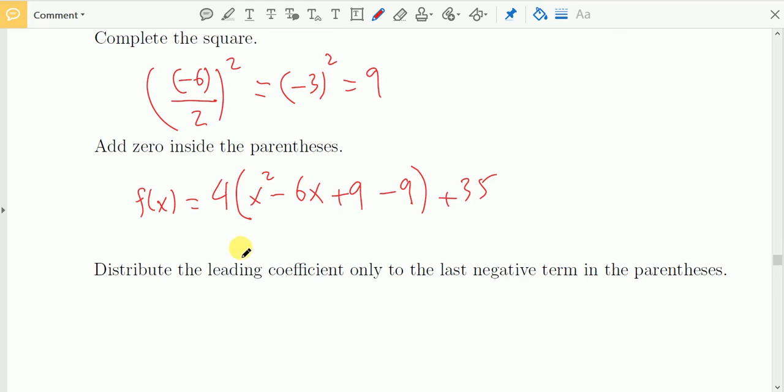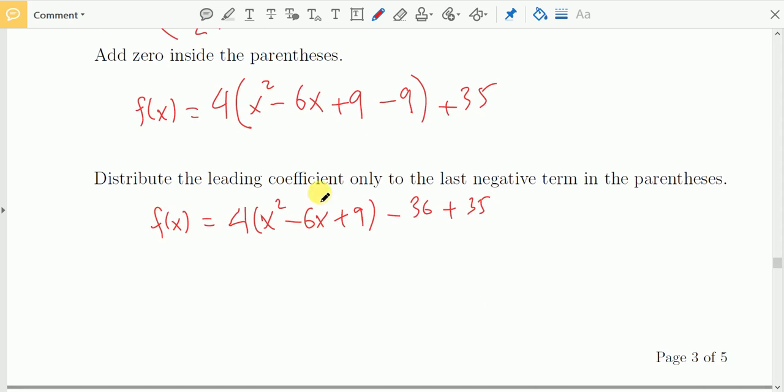So now 4 times minus 9 would give you minus 36, and you can bring that to the outside. So I keep 4, I keep the first three terms together, and then I bring the last term outside. So 4 times minus 9 is minus 36 outside, because I want to complete the square of this one.